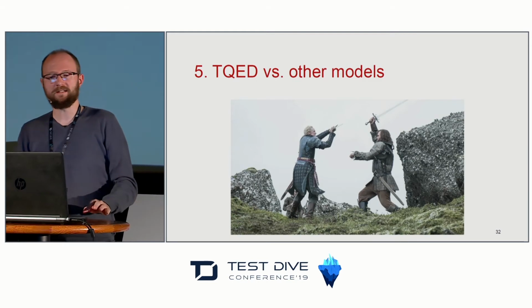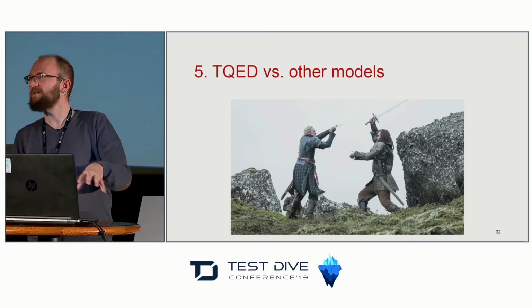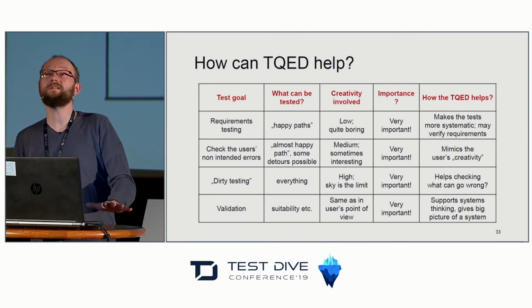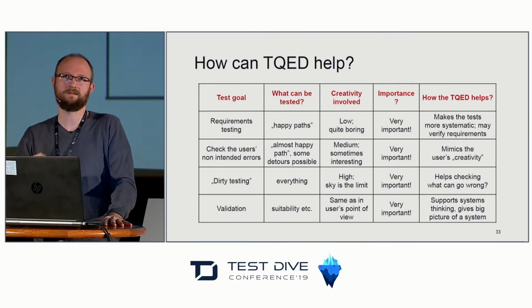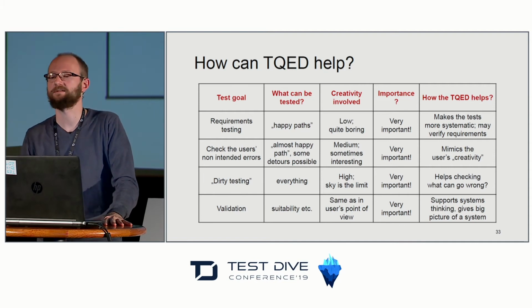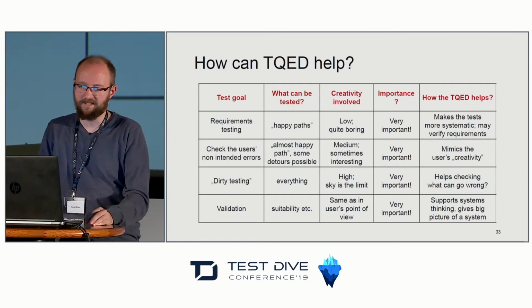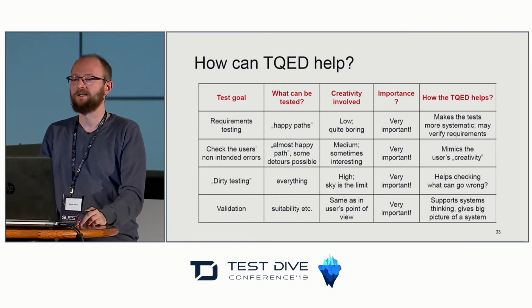Now let us compare this very simple approach with other models. First, how this model can help us in different types of our testers' tasks. When we do this boring requirement testing, we of course test these so-called happy paths.